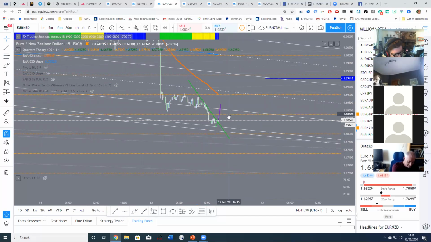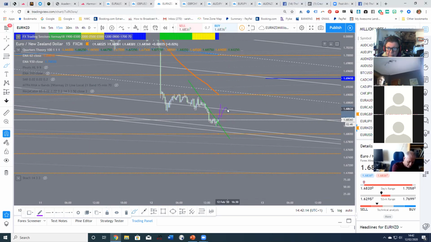So I want it to be above 1.68, whatever that quarter theory is, 500, and then think about buying it, but preferably I'd want it to break and retest that pitchfork level round about 1.68603.